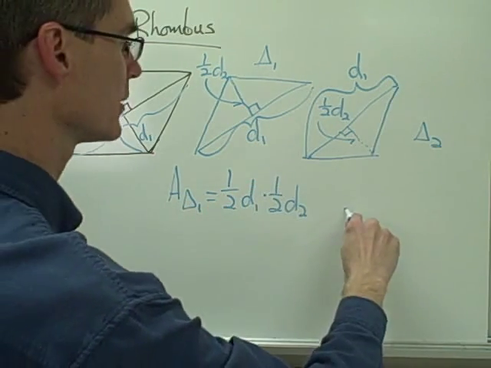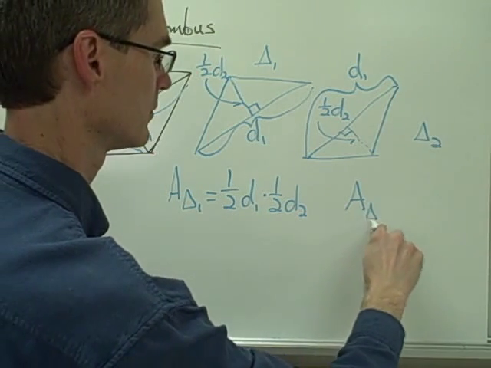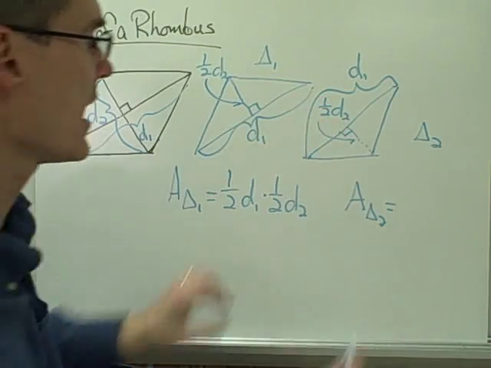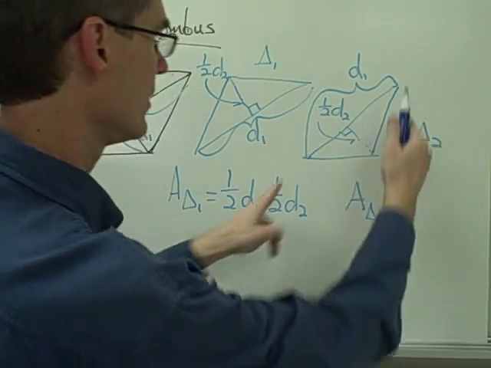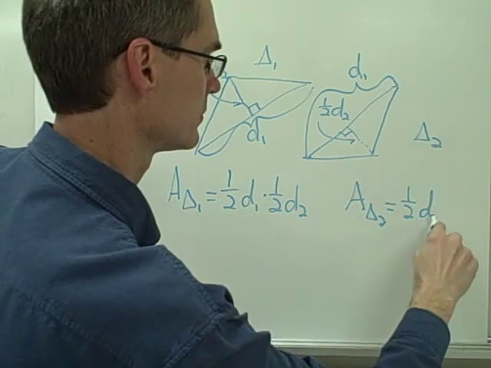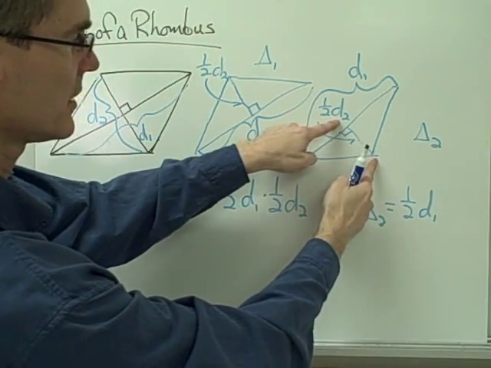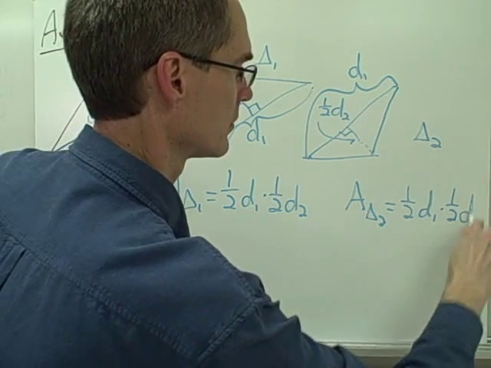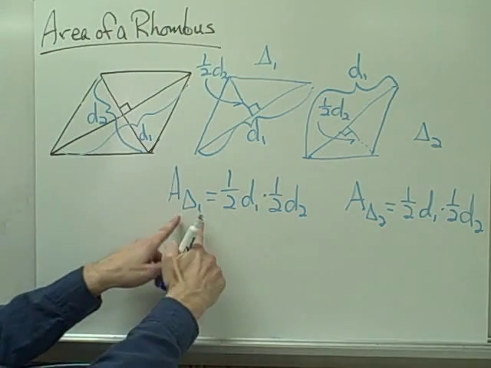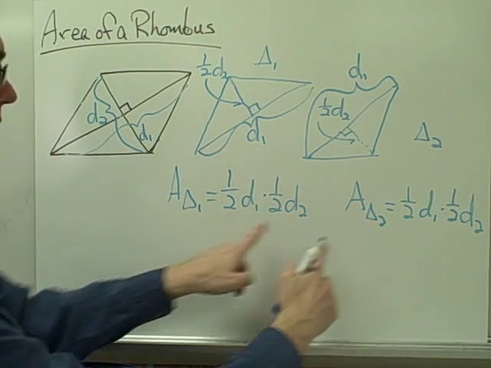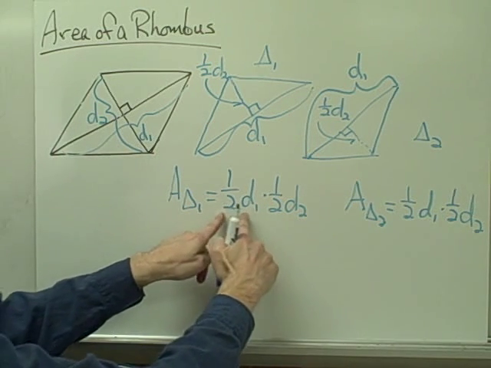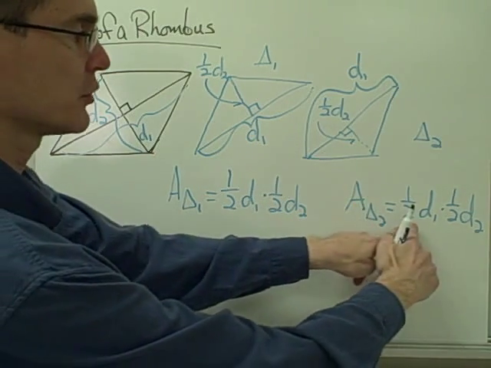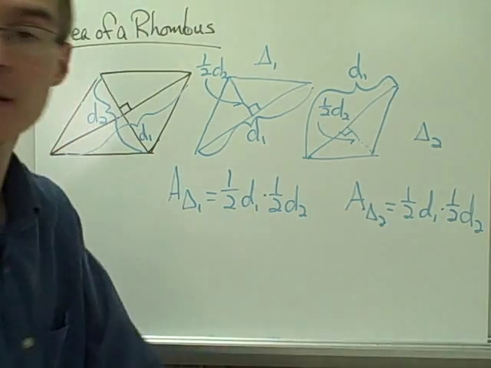The area of triangle number 2 is also 1/2 base times height, 1/2. My base is d1. My height is 1/2 d2. And I can see that the area of triangle number 1 and the area of triangle number 2 are exactly the same. 1/2 diagonal 1 times 1/2 diagonal 2.